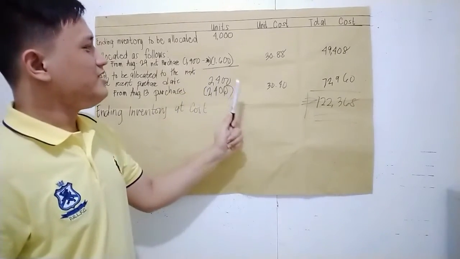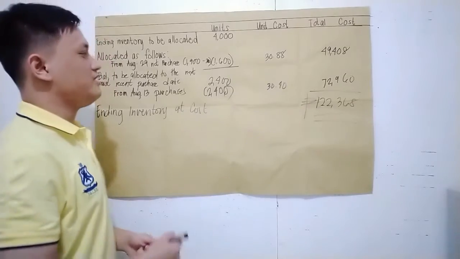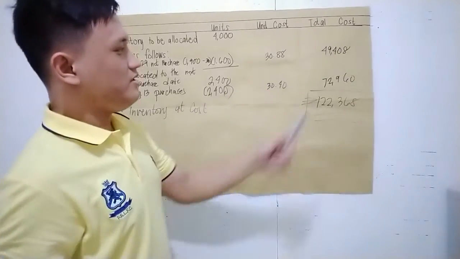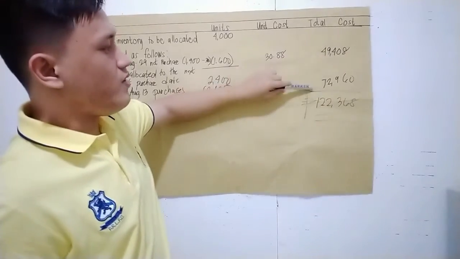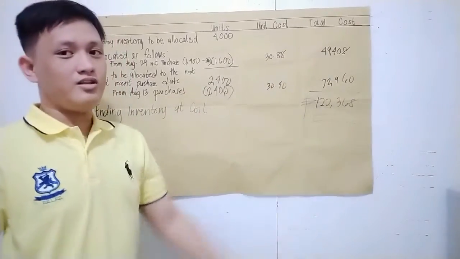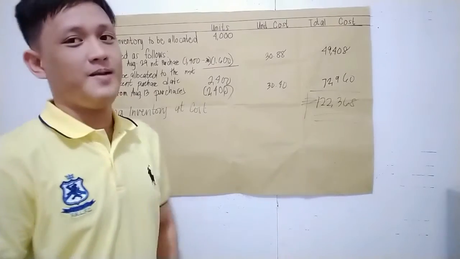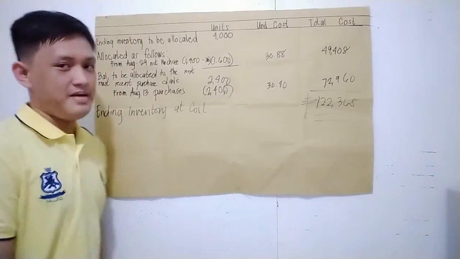Then its unit cost is 30.4, so we need to multiply that one. It is 17,960. So we add this one. Our ending inventory at cost now is 122,368 pesos.